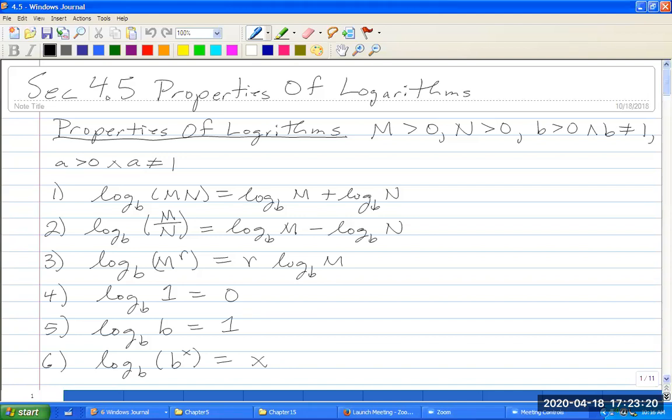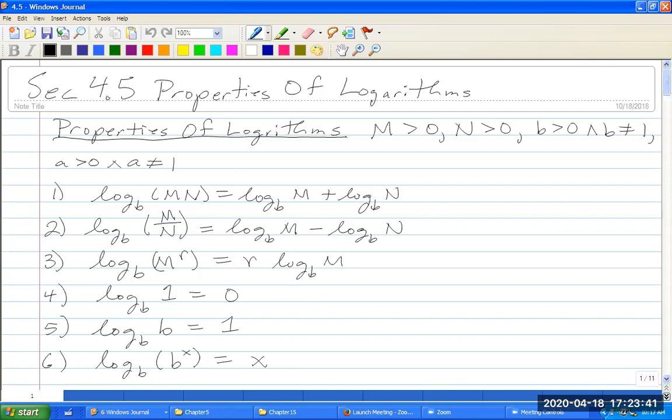To take the log of an exponent, that's just the exponent times the log of the base. So the log base b of m to the r is just r times the log base b of m.